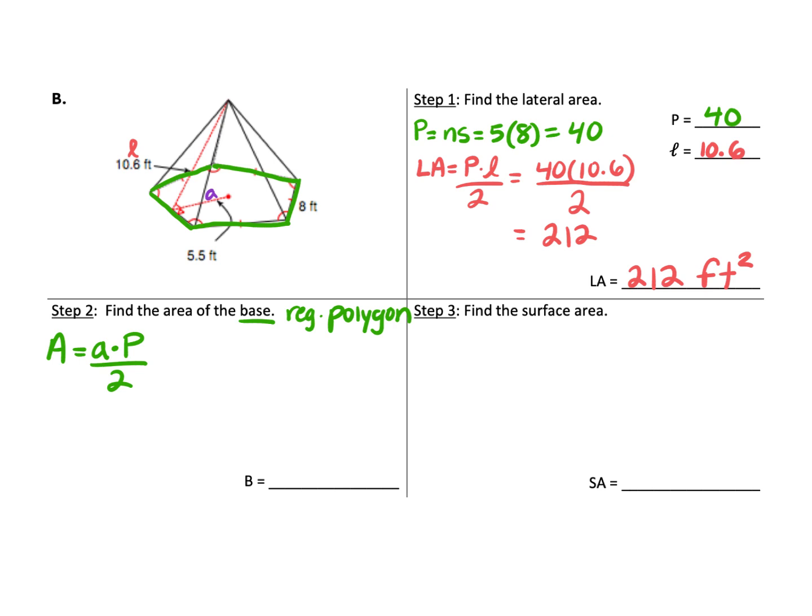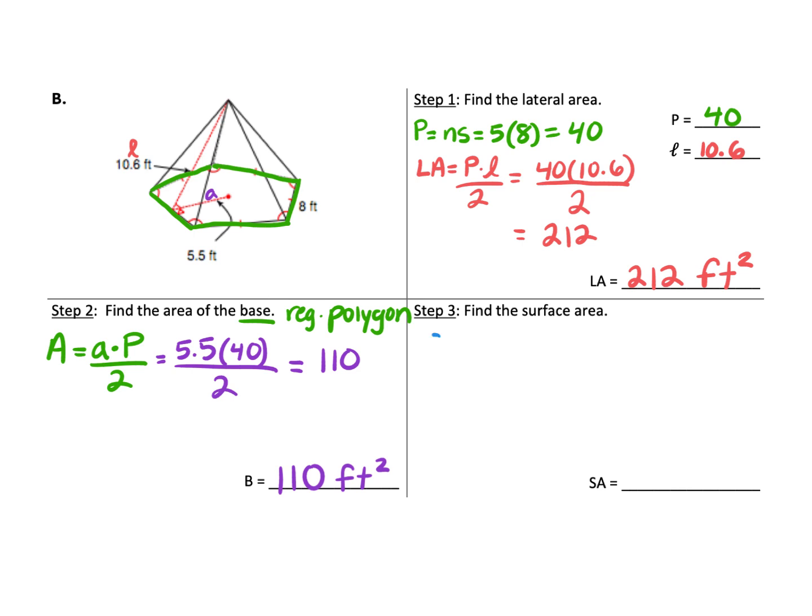So we just need to take that 5.5, multiply it by the perimeter, 40, and then divide the result by 2. And you can type that whole thing right into your calculator, and when you do that, it gives you 110. So that's the area of the pentagonal base, 110 square feet.